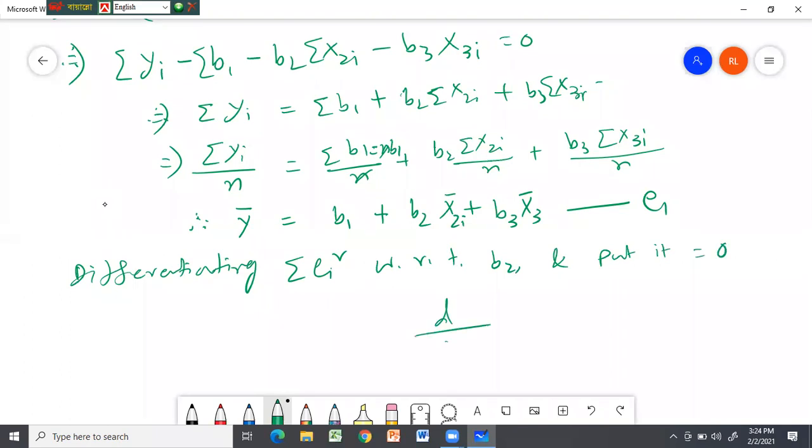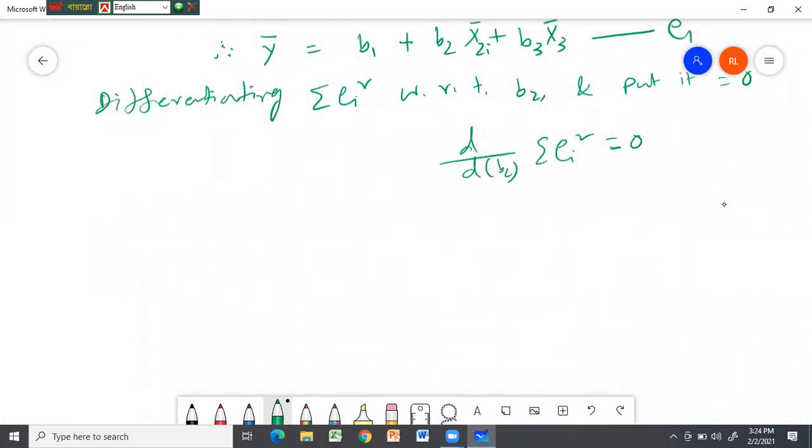So it would become d by db2 sum of ei square is equal to 0. In that case, you are actually differentiating sum of ei square with respect to b2. b2 is your variable now, and all other two parameters b1 and b3 have become constant, and constant's differentiation will be 0 in that case.